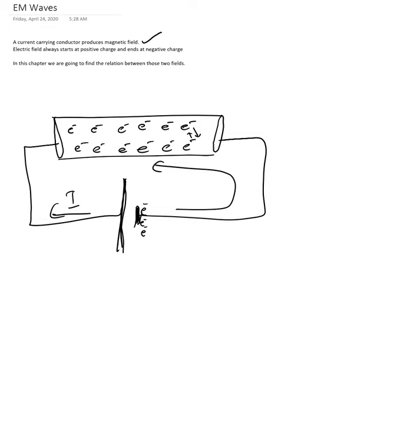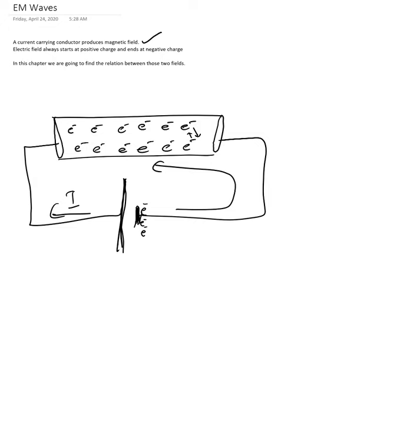Now the electric field is responsible for producing the magnetic field, because whenever electrons are moving, we say that's a current flowing. So whenever current is flowing inside a wire, it produces a magnetic field. So from this we know that electric field produces magnetic field.